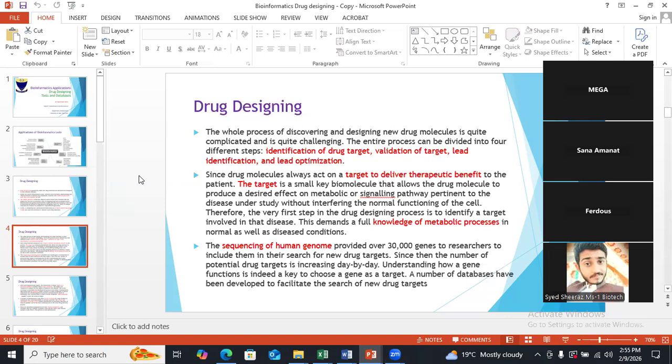We can identify the single nucleotide polymorphisms. We can identify various gene targets and various protein targets within the human cells by studying the human genomes.